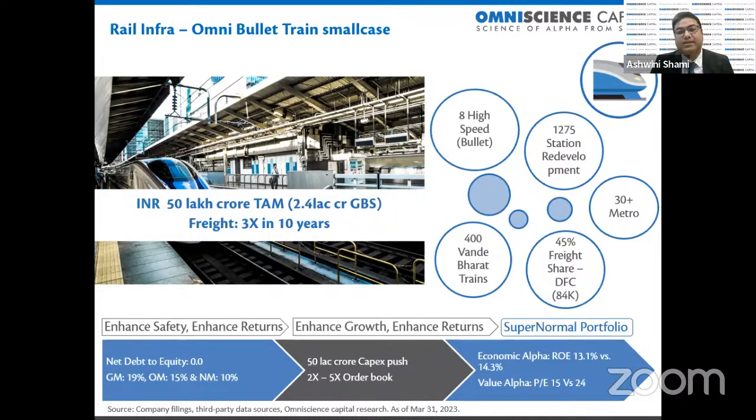And you can get a sense of it by the gross budgetary support that the government is providing, right? This year, for 23-24, 2.41 lakh crore is the gross budgetary support provided in the budget, right? Now contrast it to roughly 10 years back, when this amount was a meager 20-30,000 crore.